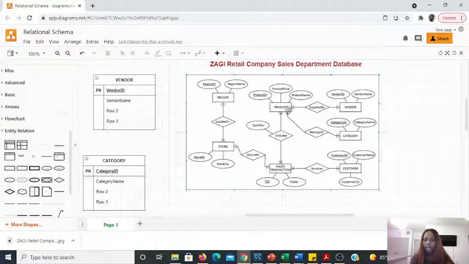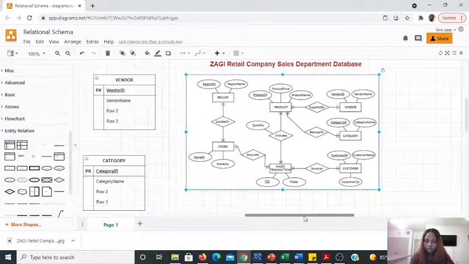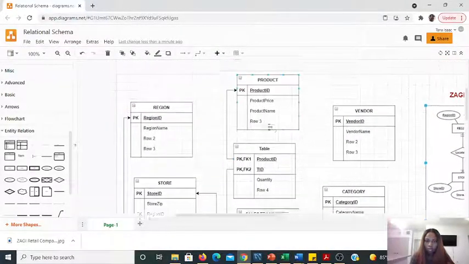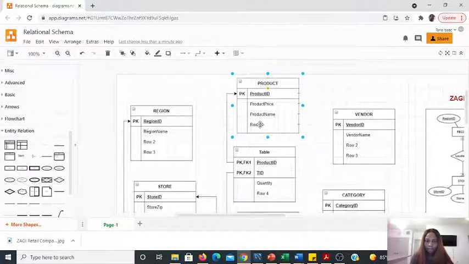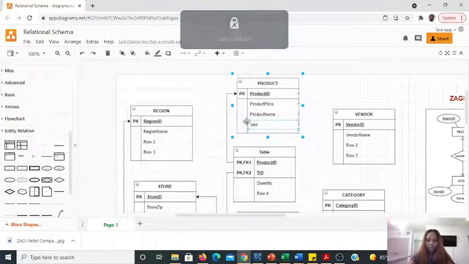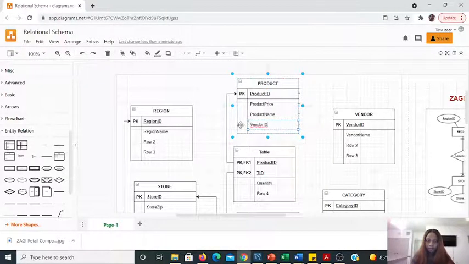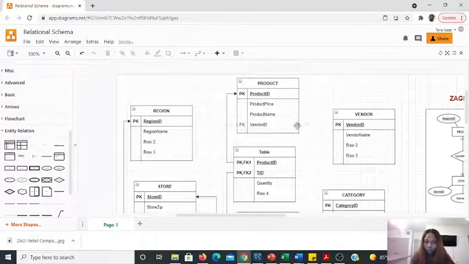It means many products can be supplied by one vendor, or one vendor can supply many products, and the foreign key will be vendor ID in product. Vendor ID will be our foreign key.